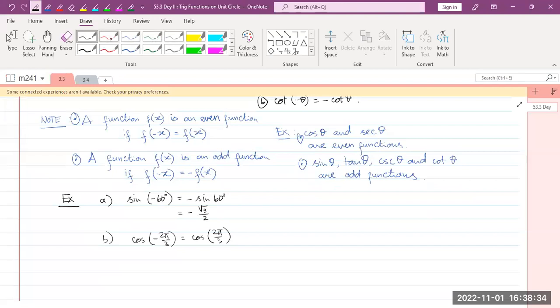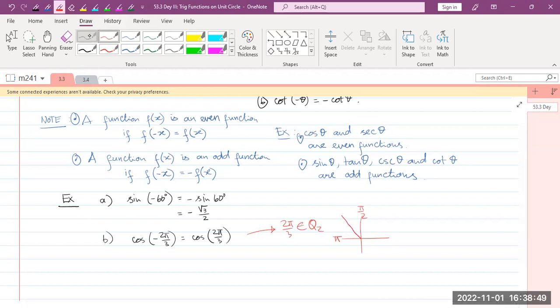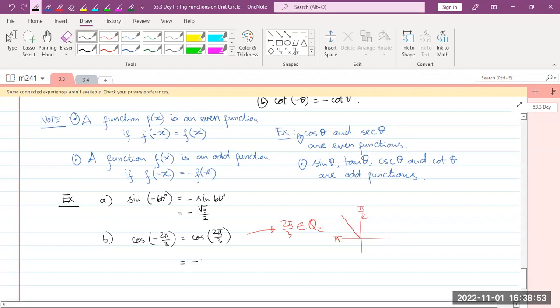Maybe I write that as a note. 2 pi over 3 is in quadrant 2. Try to picture that. It's more than pi over 2, but less than pi, right? So it's somewhere here. Now, knowing that 2 pi over 3 is in quadrant 2, then cosine must be negative cosine of the reference angle, which is negative 1/2.